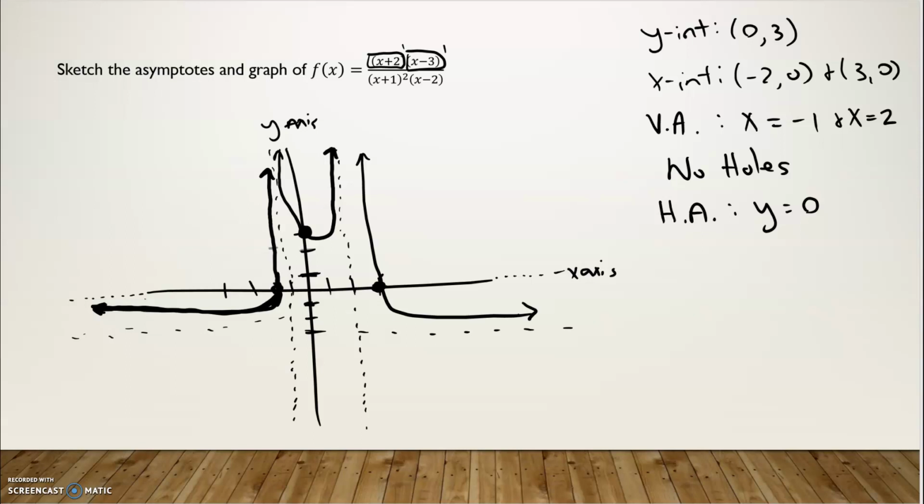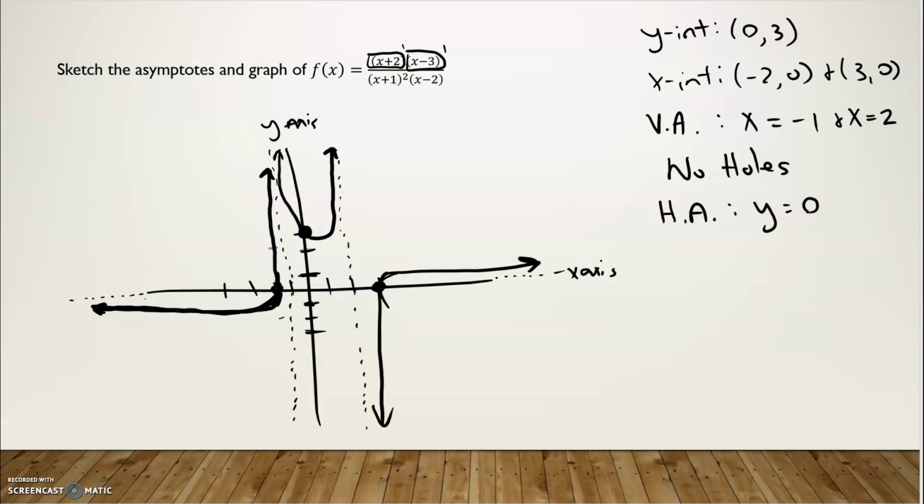So it can go through there. But if you wanted to, the easiest thing is to just check the point. But we know it goes through. So it looks like it will do this right here, and then it will get closer and closer to this right here. Okay? And that is my very rough sketch of this function right here.